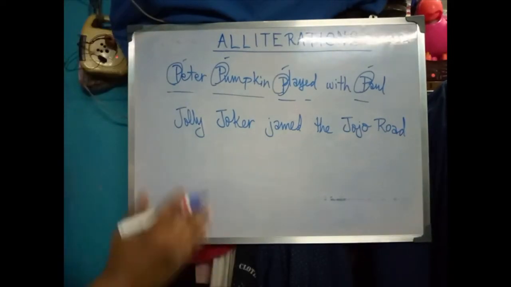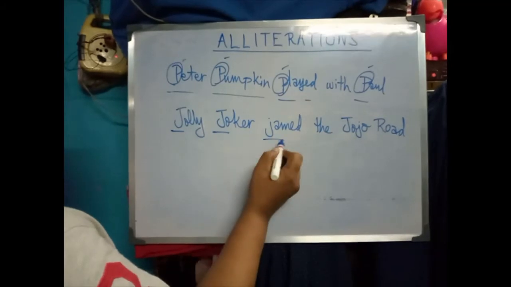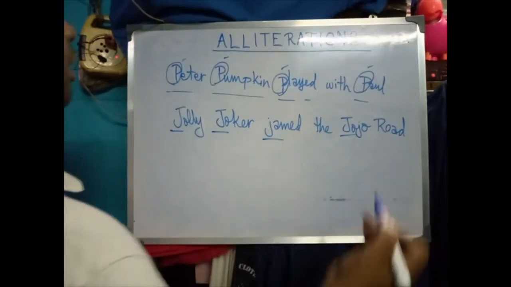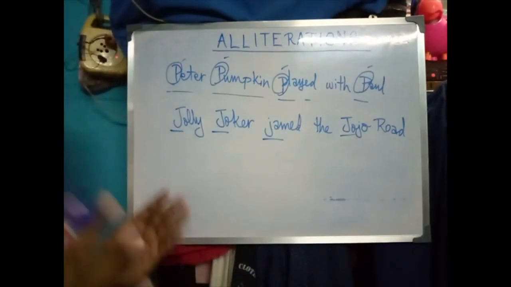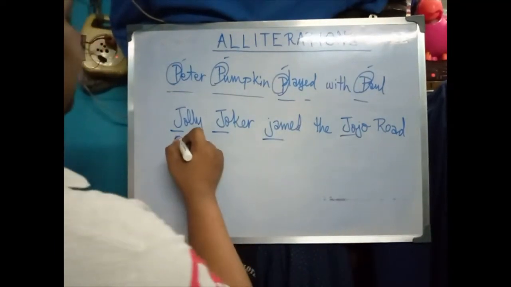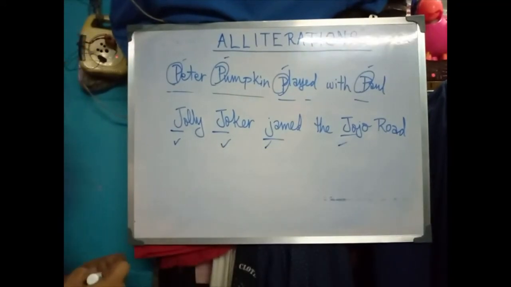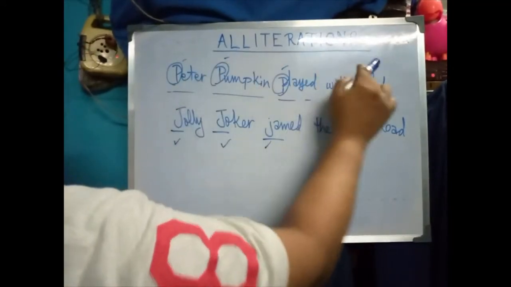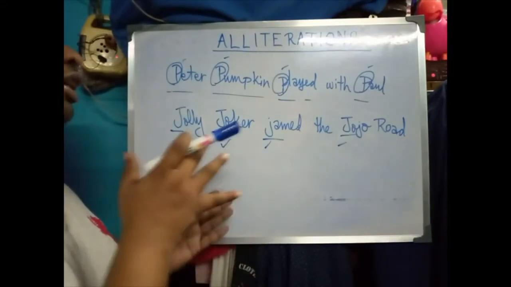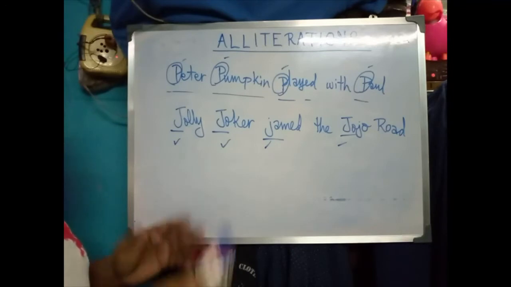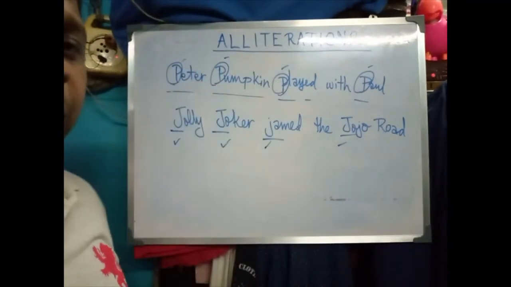Here also you can see Jolly, J; Joker, J; jammed, J; Jojo, J. Here again the phonetic sound J is repeating again and again: J, J, J, J. So here again alliteration has taken place. You have seen that wherever such repetition takes place, the figure of speech alliteration occurs.